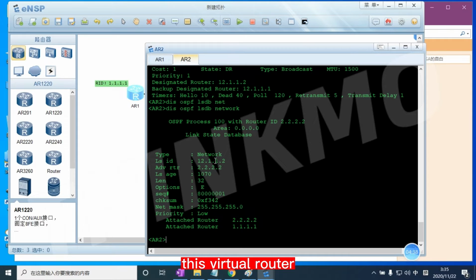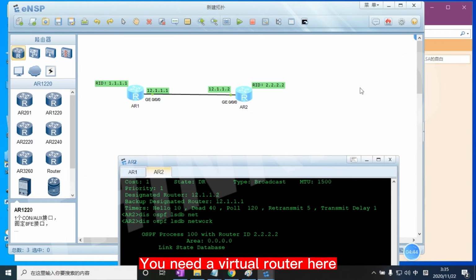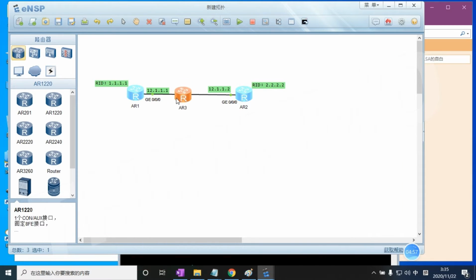This is what we call the virtual router concept. In a MA or NBMA network environment, you need a virtual router, the concept of a pseudo-node. Let's say I draw out a router. You can understand that there is a router between AR1 and AR2. This router is one virtual OSPF router.